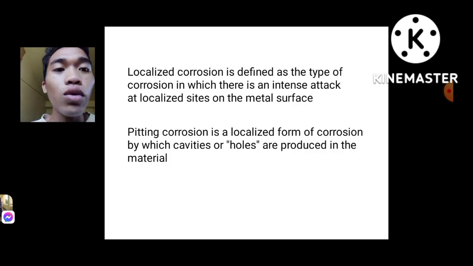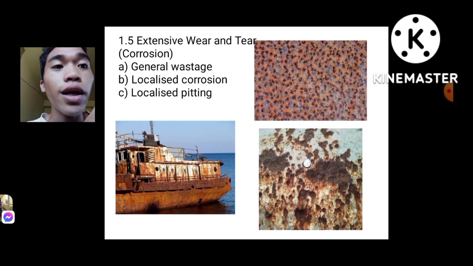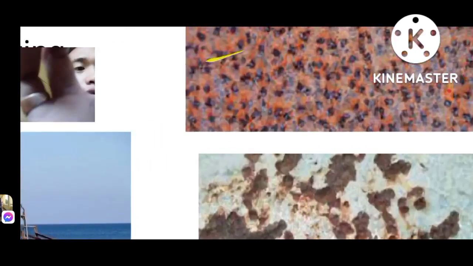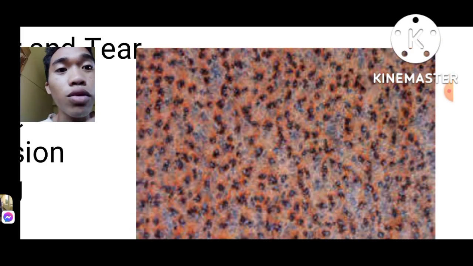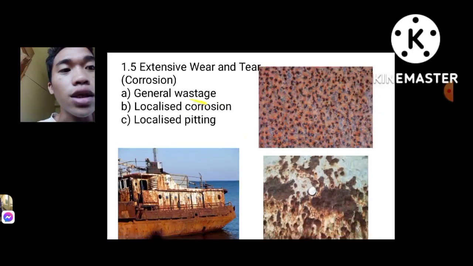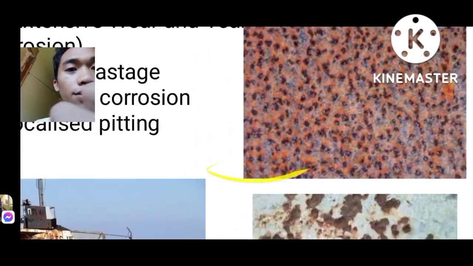Pitting corrosion is a localized form of corrosion by which cavities or holes are produced in the material. Kaning right taas, makita nimo ang buho. Kanang buho gipasabot og pitting na gikan sa mga winildingan pod.